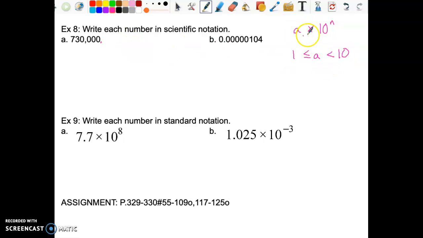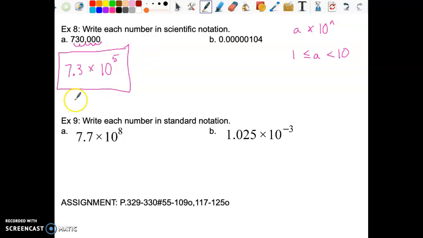So that's where we get into this notation of you move the decimal until you get a number that's bigger than 1. So 7 is bigger than 1, but smaller than 10. So that's where we get 7.3. And then when you move for a very large number, you count how many times you move it. And I moved it 5 times.